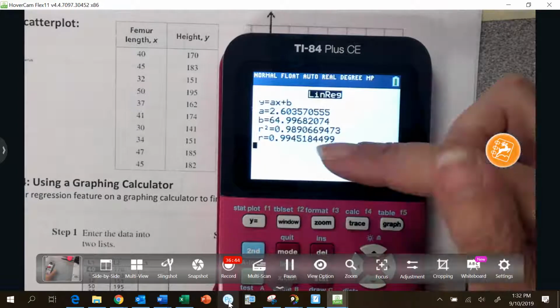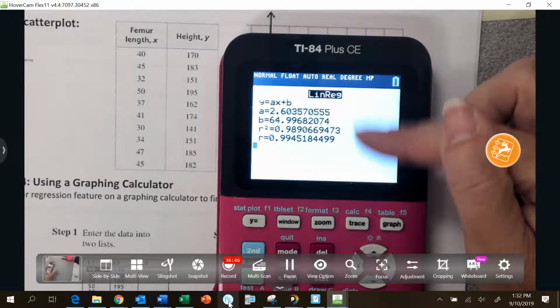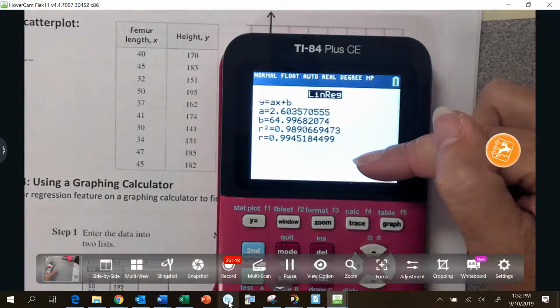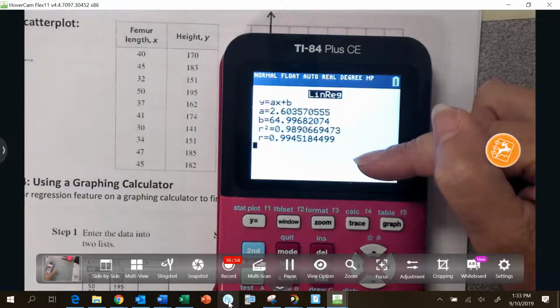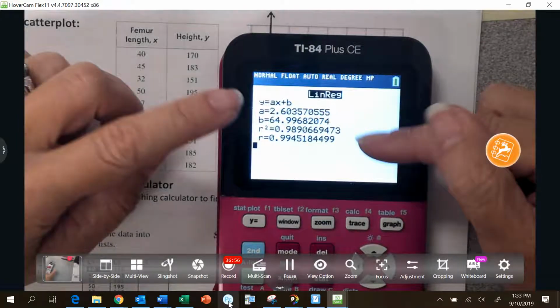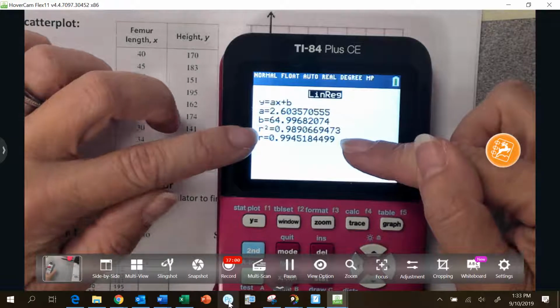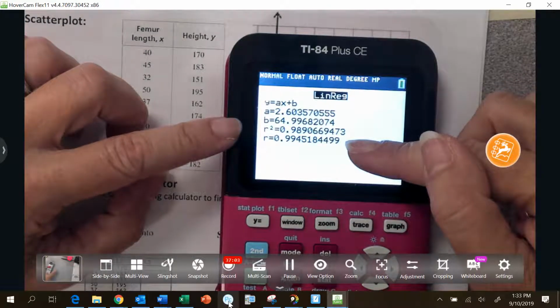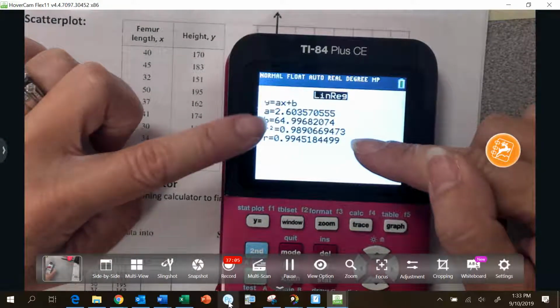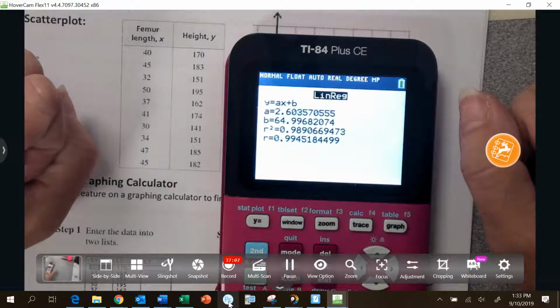You have to have this information here if you want to have your calculator copy the equation so you don't have to type the whole thing in yourself, which is what I'm going to show you how to do. So we're going to take this information and write the equation into our y equals. Okay? So where do we want to put this information?